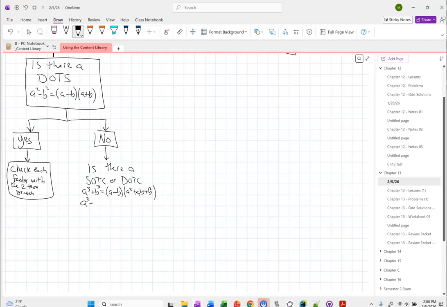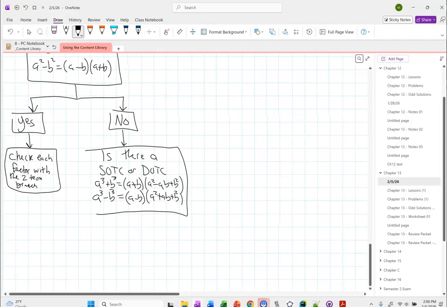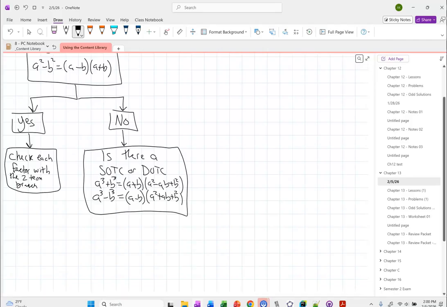And I'll write the factoring patterns for those here below. So SOTC stands for sum of 2 cubes. DOTC stands for difference of 2 cubes. And I wrote the factoring patterns for each of those below.